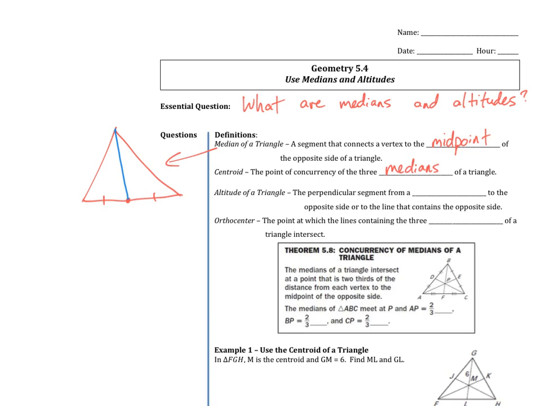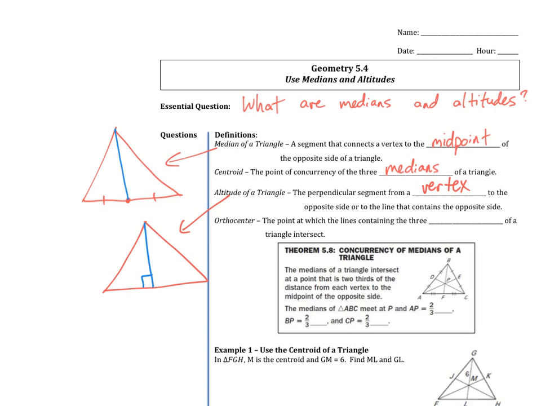An altitude of a triangle is the perpendicular segment from a vertex to the opposite side, or the line that contains the opposite side. So if we draw a picture of this, the altitude would be when you draw your line so it's perpendicular to the opposite side.